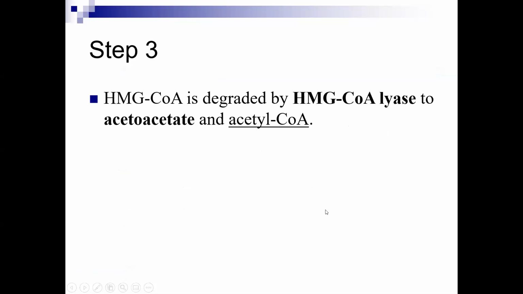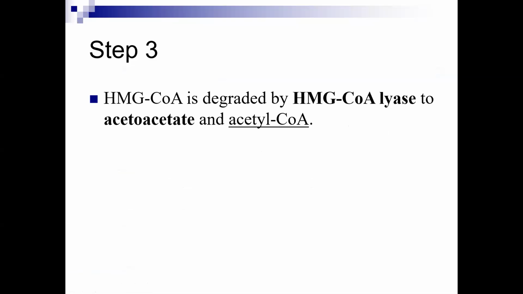Now we're going to bust it apart with HMG, beta-hydroxy beta-methylglutaryl coenzyme A lyase. So we will take our molecule and we will convert it to acetoacetate and acetyl coenzyme A. This very enzyme is the one that is used in the degradation of leucine.